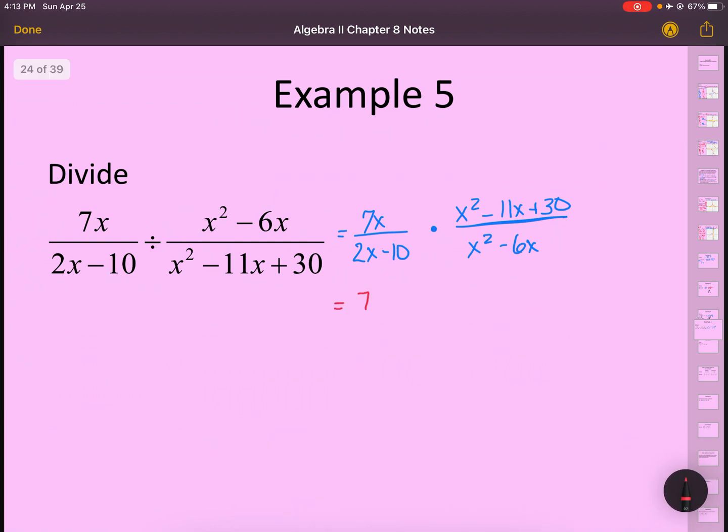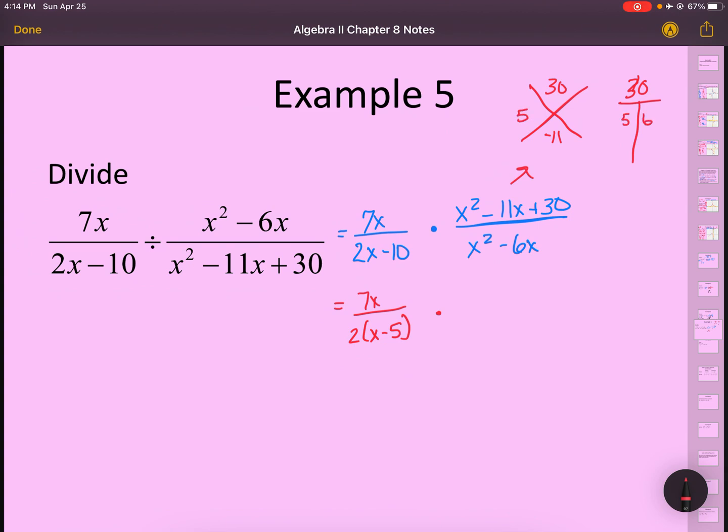So 7x is okay, but if I pull out 2 out of both of those, I got x minus 5. Then in the numerator of the second one, if we do the factoring x method on that, factors of 30 are 5 and 6.